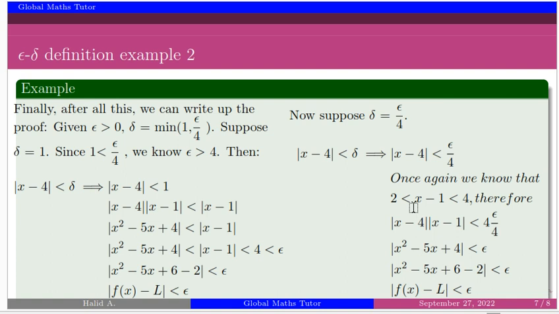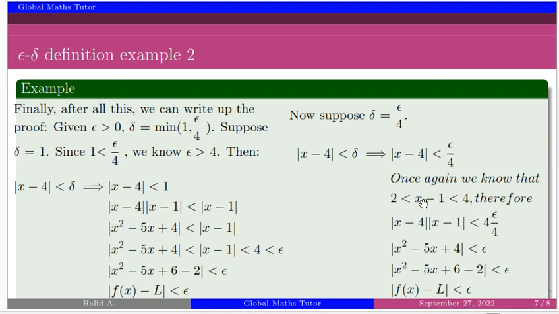We have done that before. Thus, multiplying by this |x minus 1|, it is less than 4 times epsilon over 4, because |x minus 4| is always less than epsilon over 4.